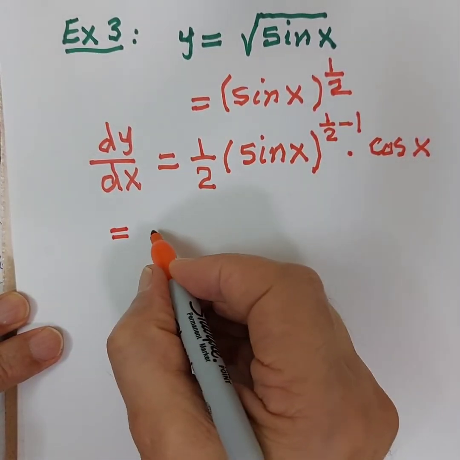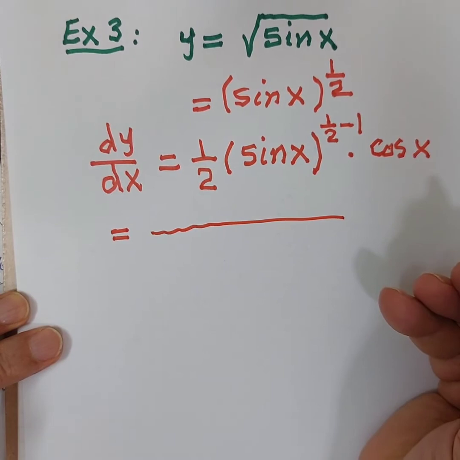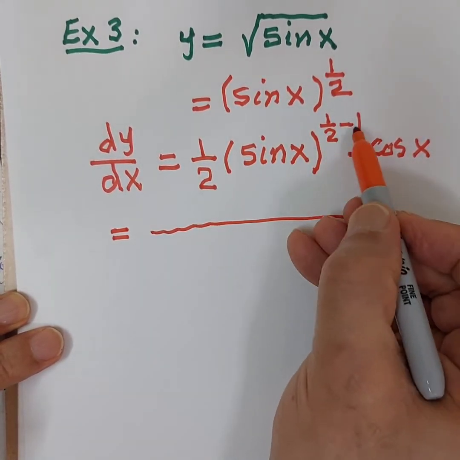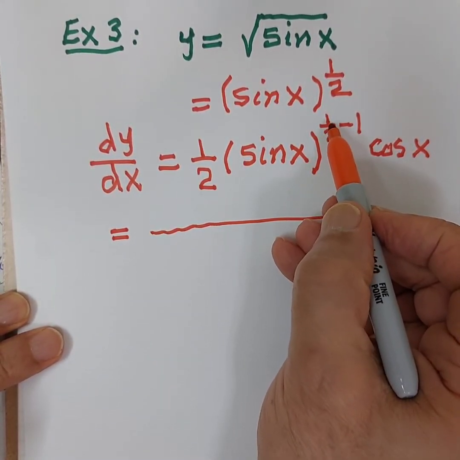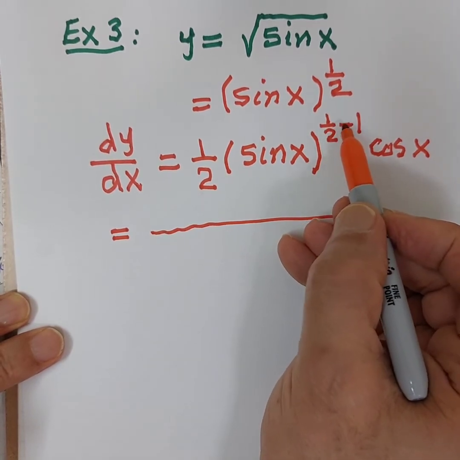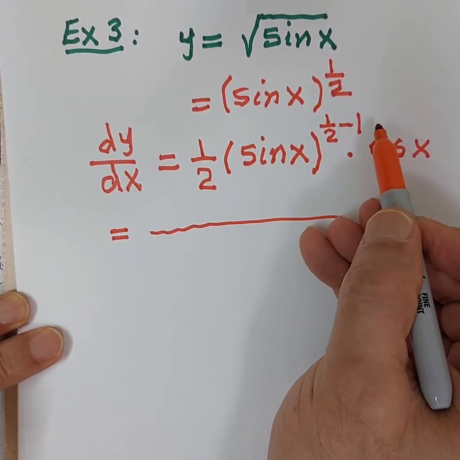Here, line of fraction, because the power here will be in negative. 1/2 minus 1, that's mean minus half.